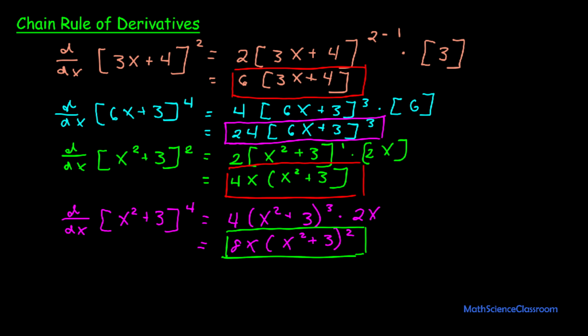Very good. And now let's get into something slightly different. Let's do a quick review of trigonometric functions. So the derivative of sine x, remember, we could write prime, equals cosine x. And then the derivative of cosine x equals negative sine x.